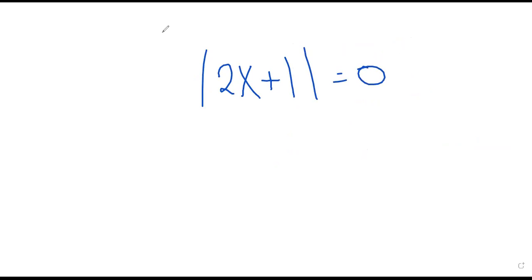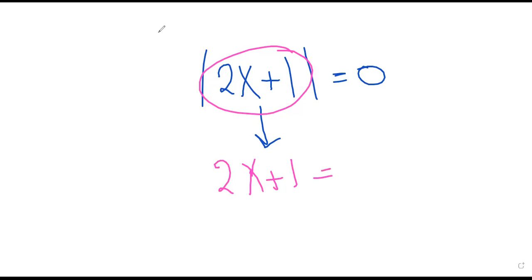What if we have this case? The absolute value of 2x plus 1 is equal to 0. Here we have only one case, which is what is inside the absolute value, 2x plus 1 is equal to 0, because as you know, there is no positive or negative 0.